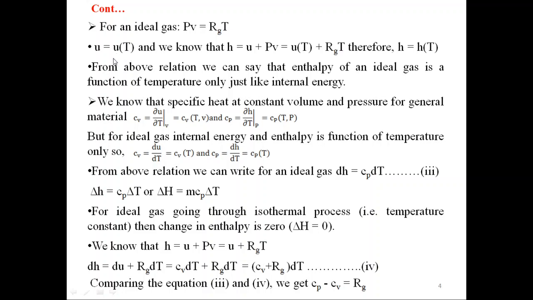We also know that U is a function of T for an ideal gas, and as H is equal to U plus PV, we can replace PV with RGT.